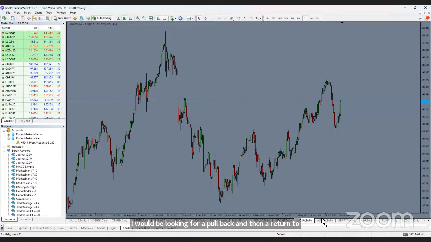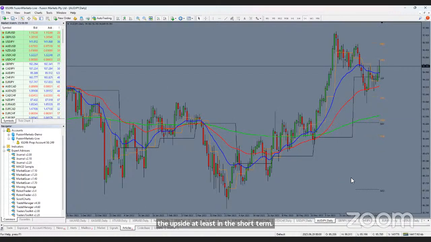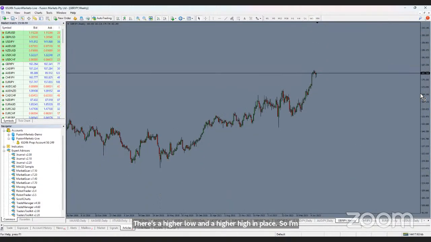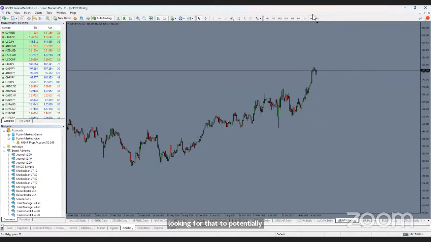There are a couple of other things to keep an eye on in terms of yen crosses. Aussie yen is looking bullish at the moment. There's a higher low and a higher high in place, so I'm looking for that to potentially continue. Pound yen also looking bullish, and bearing in mind I'm bullish on the pound as well.